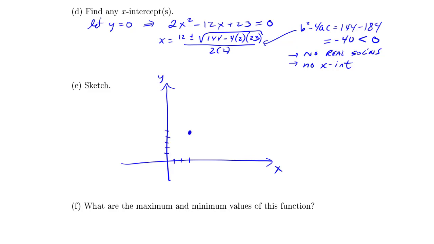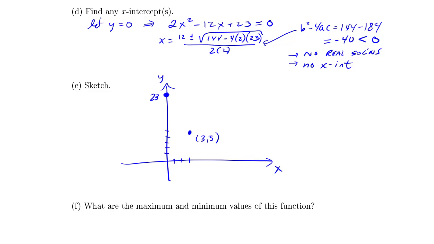Okay, is there. So there's our vertex of (3, 5). We did find a y-intercept of 23. Now, I don't need this to be super accurate, so I'm just going to call that 23 up there, although from the scaling it doesn't look like it. That's okay, though.